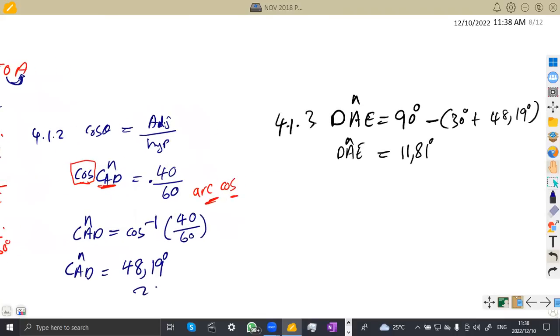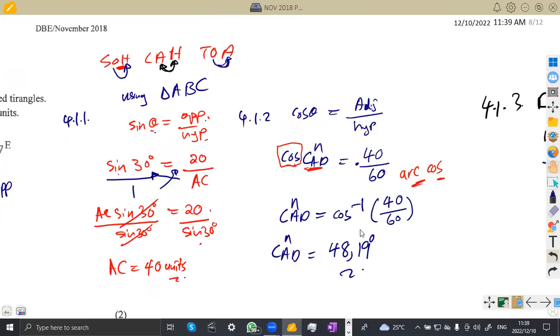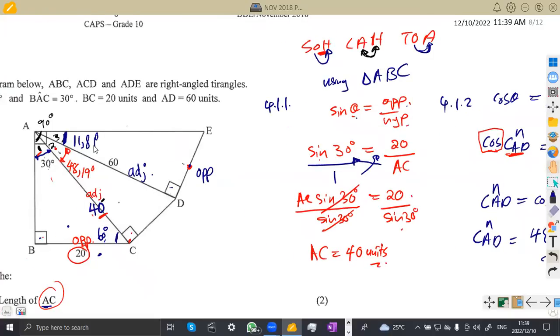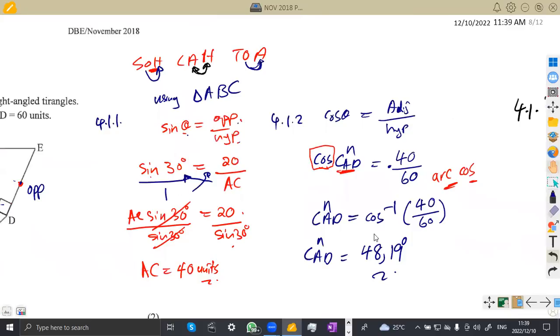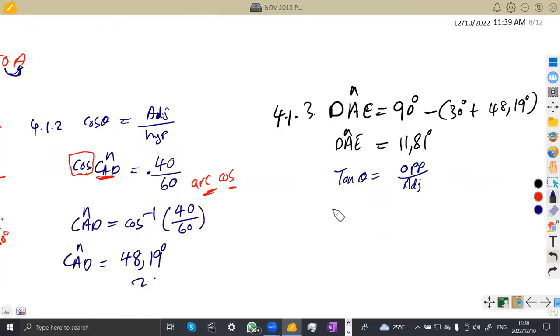All right, so that's what you're going to have here. So tan theta is equivalent to opposite over the adjacent. So if tan theta is equivalent to opposite over adjacent, let us insert the values, because we have our theta. Our theta is the angle, which is 11.81. So that means tan 11.81 is equivalent to the opposite over the adjacent.